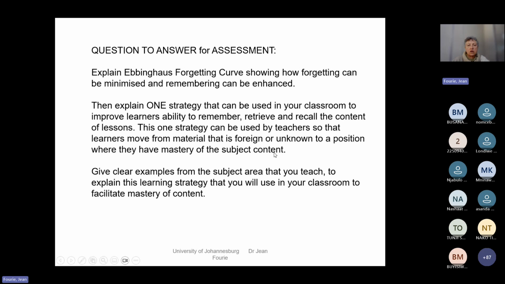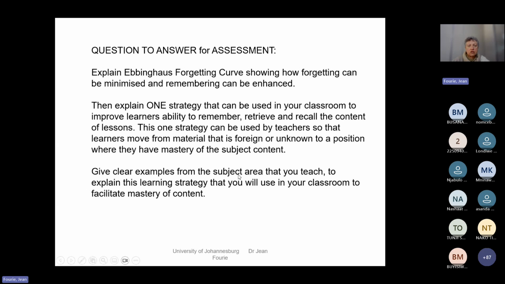This one strategy must be used by teachers so that learners move the material from what is foreign or unknown to a position where they have mastery of the subject content. So we are going from a time zero where the person does not know that information, it's foreign, it's unknown, to a time maybe a week later or a couple of weeks later where the person has mastery of that content. So they were able to remember most of it and do something with it.